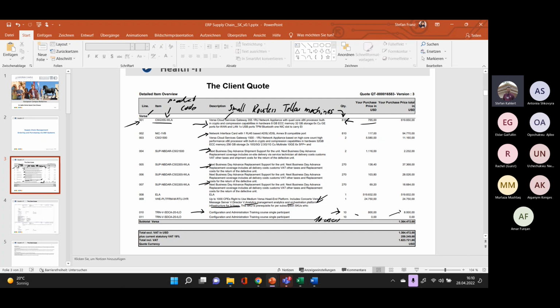So this means if one of these routers breaks down, you have a service which starts next business day, which means if it breaks, you have to wait until the next day until you get a replacement device.